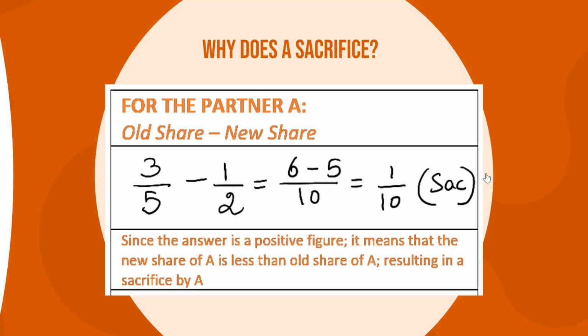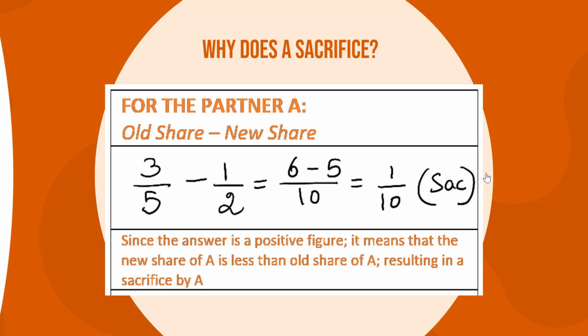Now whenever we do a deduction from a certain amount and we get a positive figure, it means, as in this case, the old share is greater than the new share. That is why we are getting a positive figure after deducting the new share from the old share.